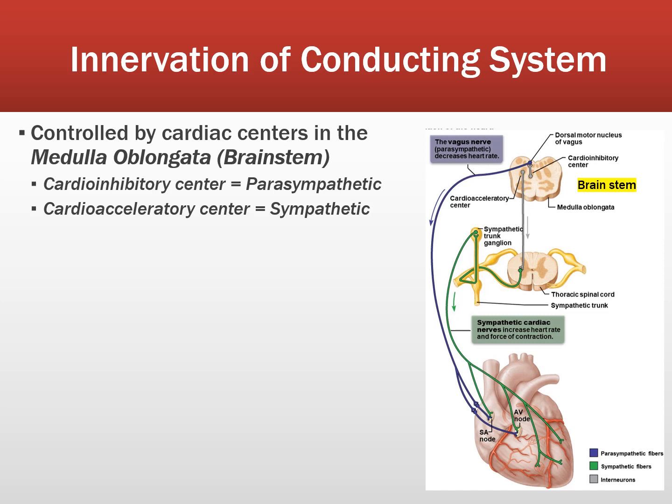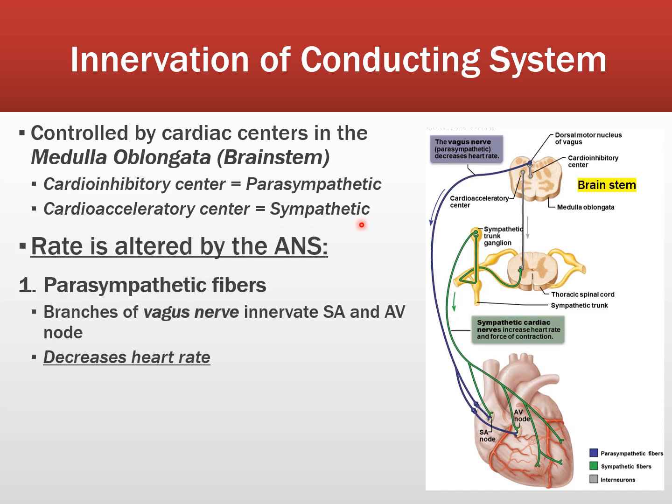We have the parasympathetic and sympathetic parts of the autonomic nervous system. We call the parasympathetic the cardioinhibitory center, and the sympathetic the cardioacceleratory center, because the parasympathetic slows down the heart, rest and digest, and the sympathetic speeds up the heart. This is how we alter our heart rate.